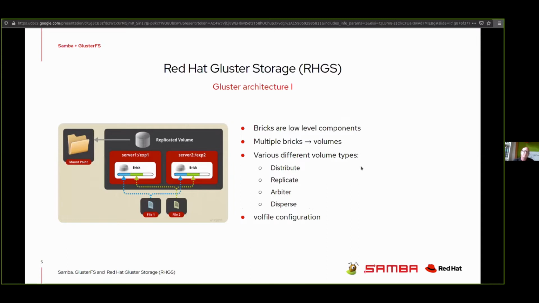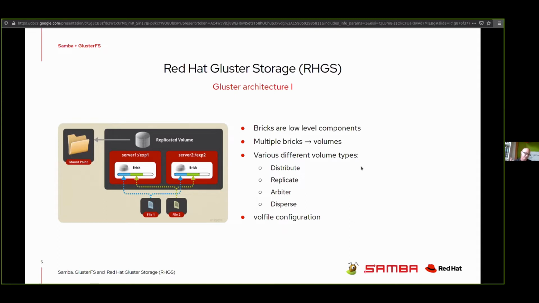So the fundamental architecture of Gluster is that you are providing the lowest data sets, which are bricks, which are most of the time just file systems or disks in your cluster nodes. And these bricks are grouped together into volumes, and the volumes then provide all the functionality that allows you to export these data sets to your clients and access them using protocols like NFS or SMB.